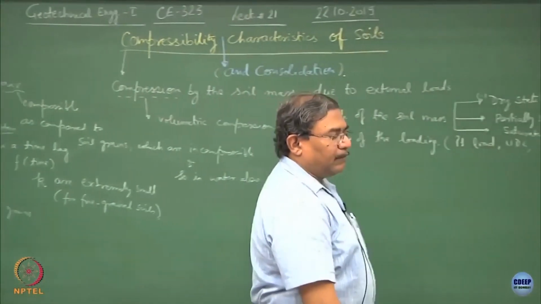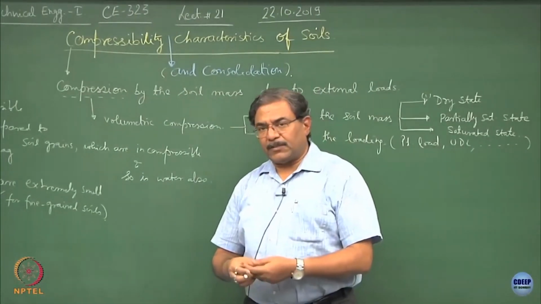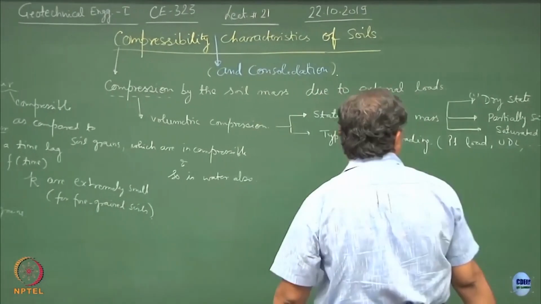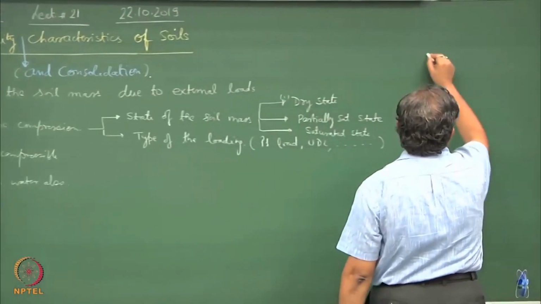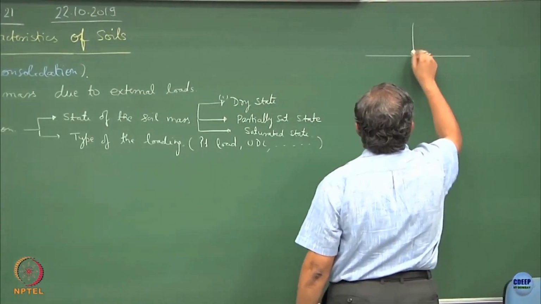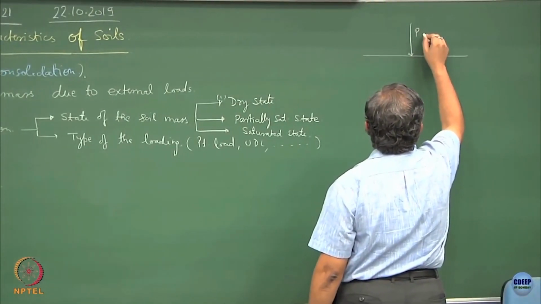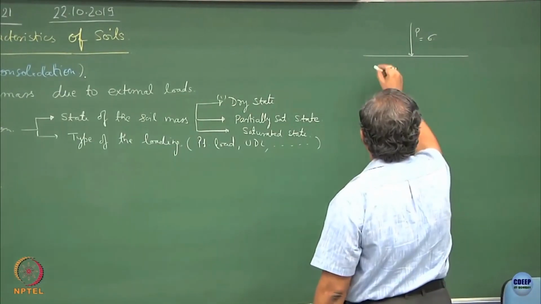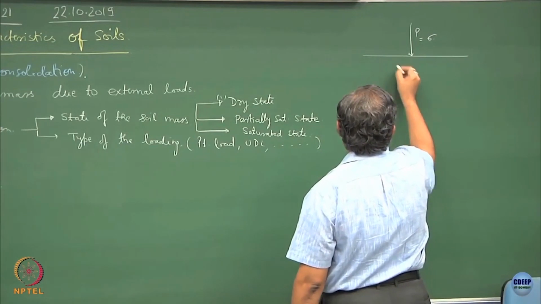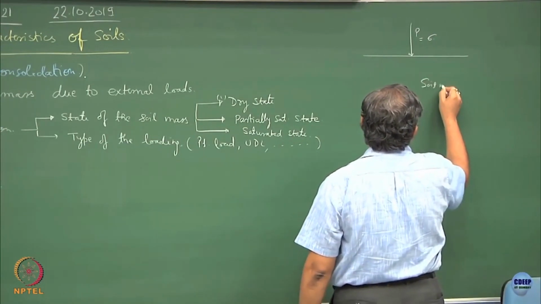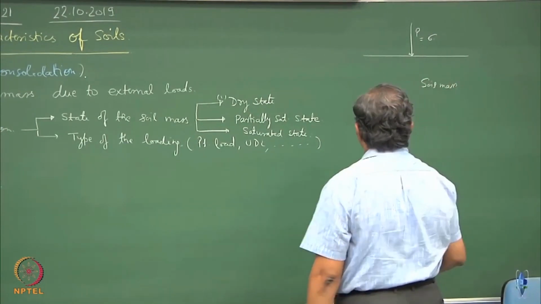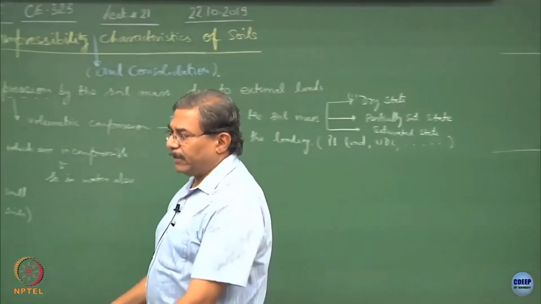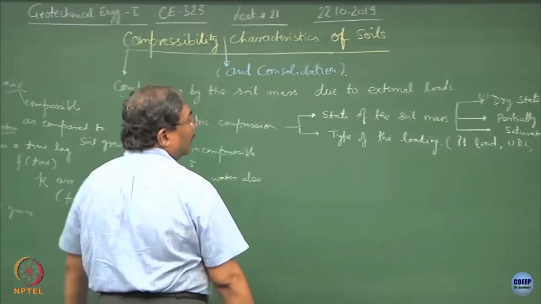Now, when I was talking about the particulate nature of the soil, I had this small model that suppose there is a loading P which delegates to sigma, and I had talked about two situations. Suppose this is the soil mass and the lateral sides are unconfined, alright.